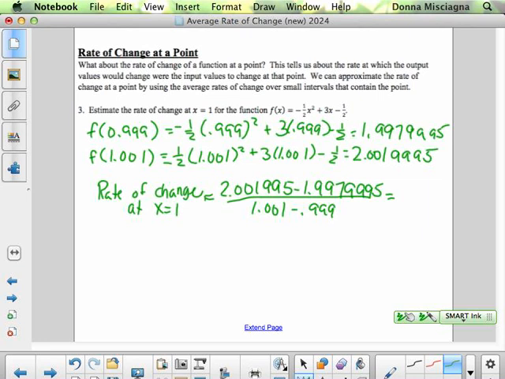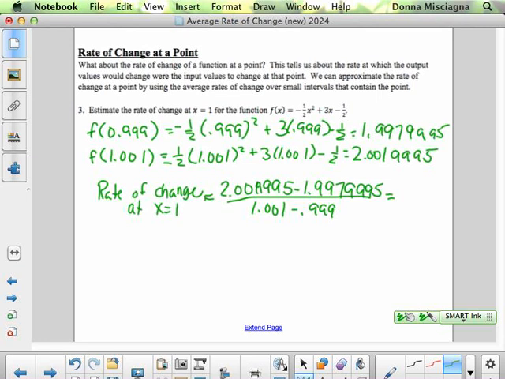What was it? Making sure I get the numbers right. Okay. I forgot to write in a 9 in there. So that makes more sense. 2.0019995 minus 1.9979995.